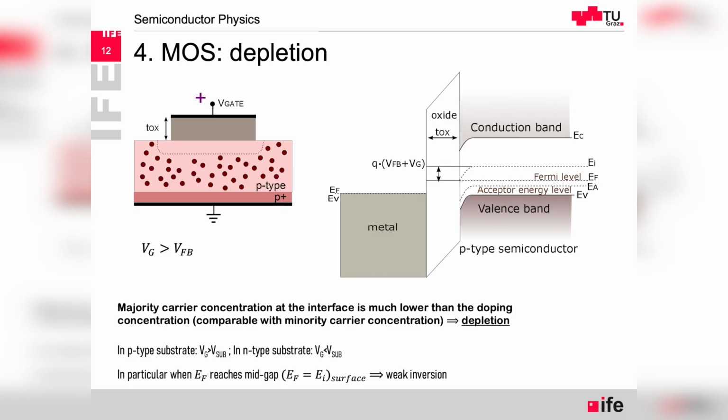And we have this interesting condition where at some point the bands are bending so far down that the Fermi level is exactly at the level of the intrinsic level, E_i. So it's as if it was really an intrinsic semiconductor, and this is the edge of the weak inversion.